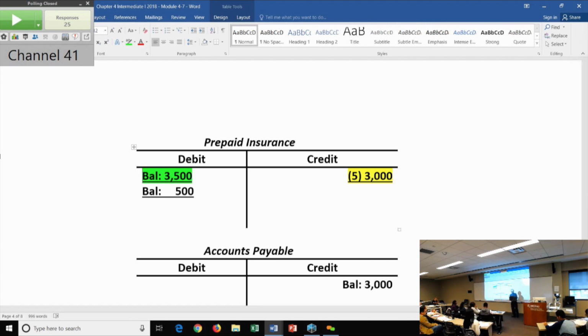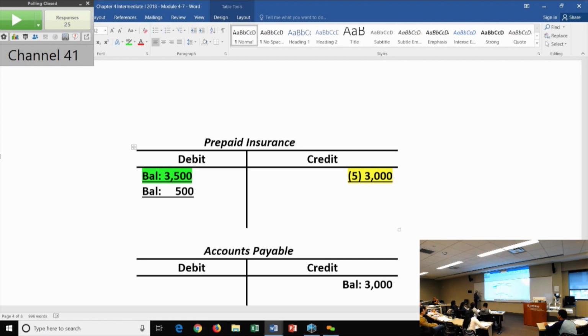But what I want to show you again is the idea that 12 months were earned, it was $250 a month, if you remember. So that prepaid was $3,500, 14 months. So it's $250 per month. And 12 months were expired, and that would be 3,000.